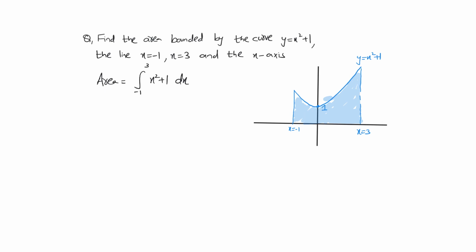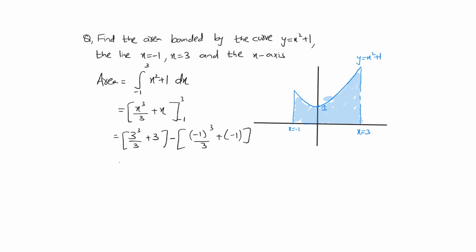So when you integrate this function, you get x cubed over 3 plus x, and then just apply the limits. First apply the upper limit, then substitute the lower limit, then evaluate the answer for it.